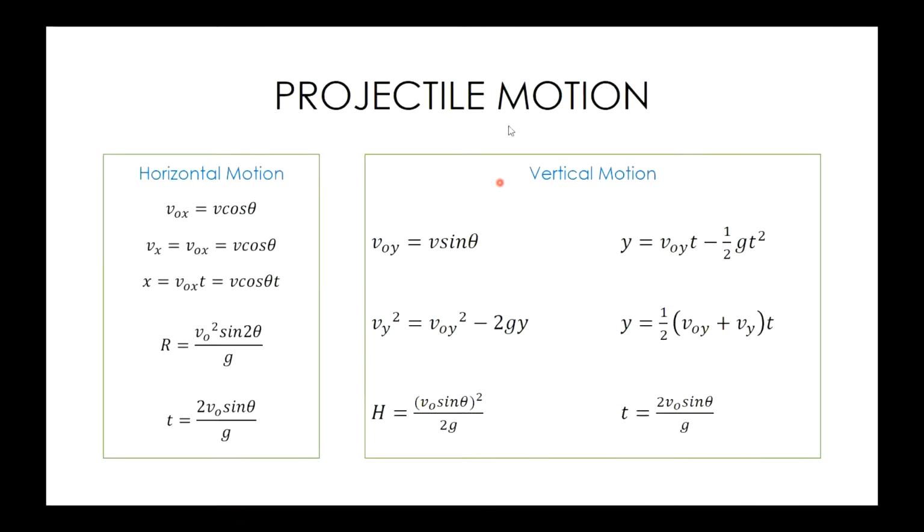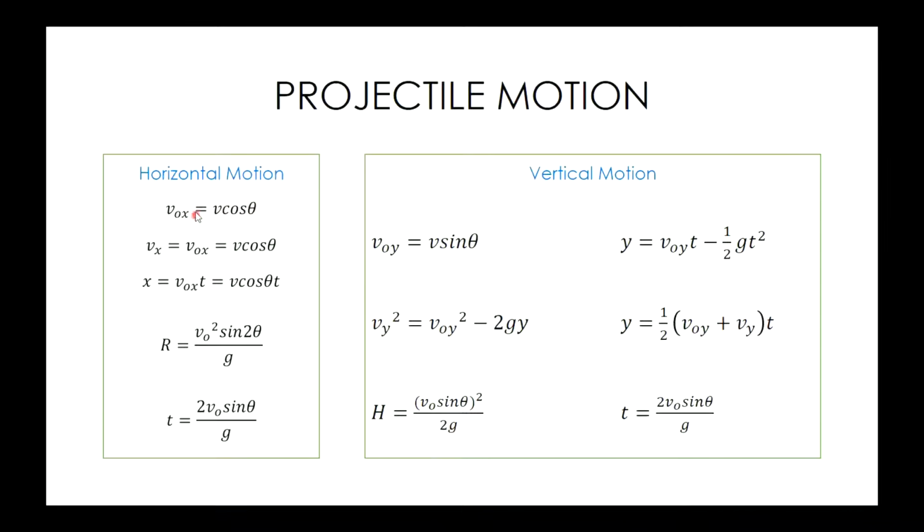Now, let us introduce our formula. So we are considering two dimensions, the horizontal and vertical motion. For the horizontal motion, again, ang x component is equal to the velocity times cosine theta.